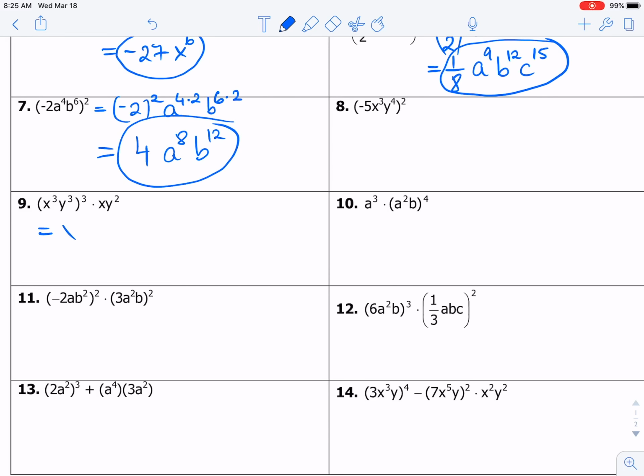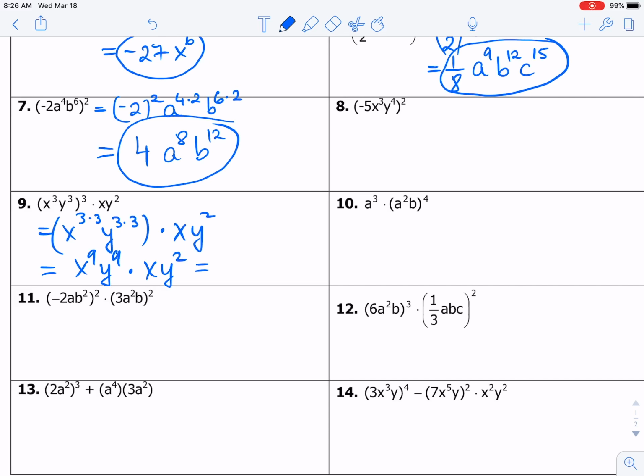So we have x to the 3 times 3, y to the 3 times 3, and we're going to put this in parentheses because we have another monomial and I don't want to confuse them. Okay, so x to the 3 times 3 is x to the 9, y to the 9, and we multiply with x and y squared.